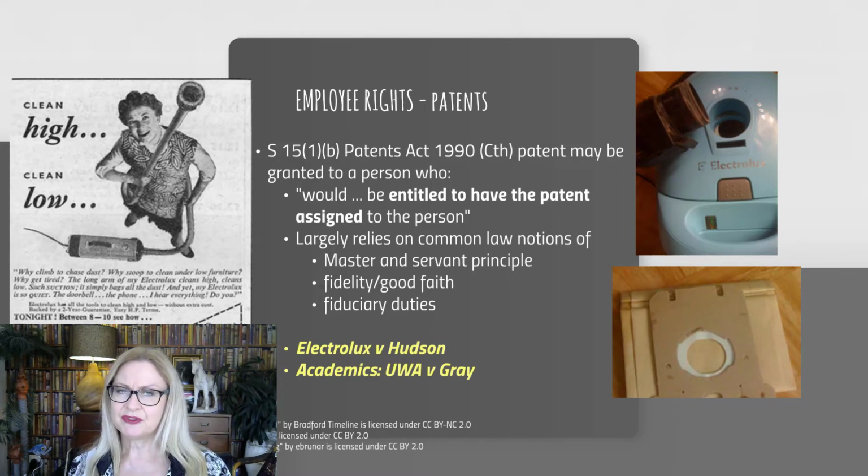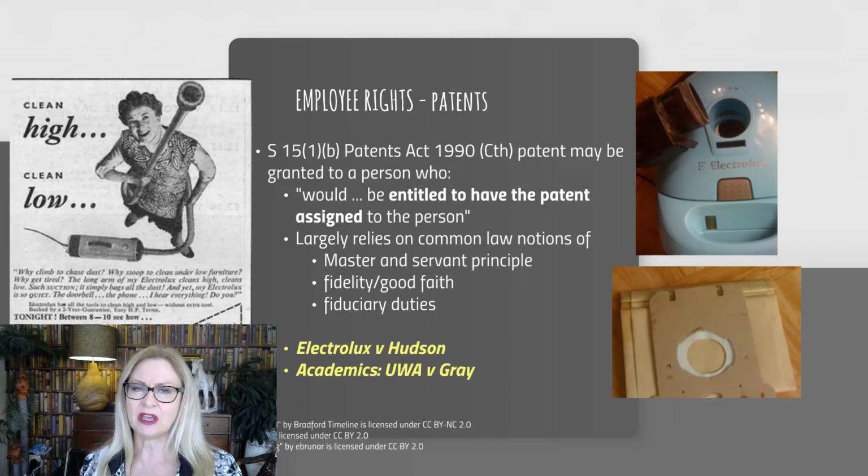And Section 15 deals with the people that a patent can be granted to. And 1(b) states that a patent can be granted to a person who would be entitled to have the patent assigned to them.